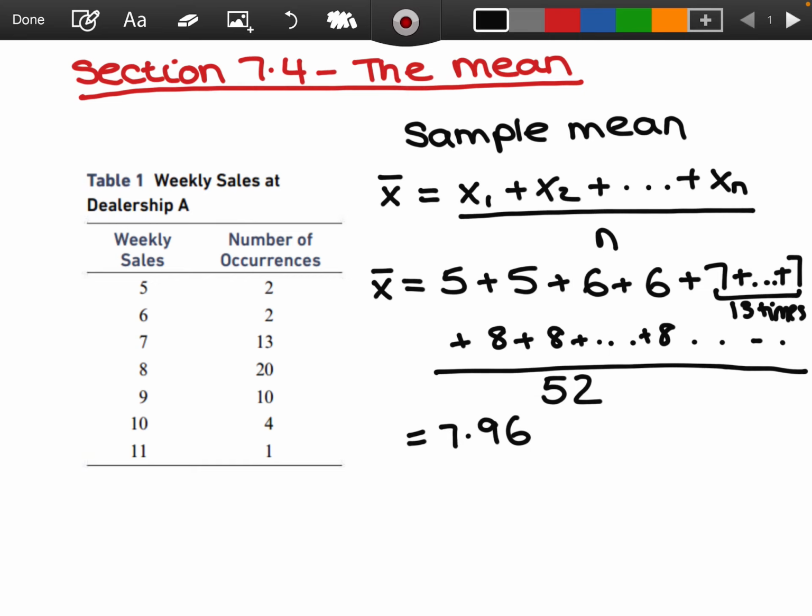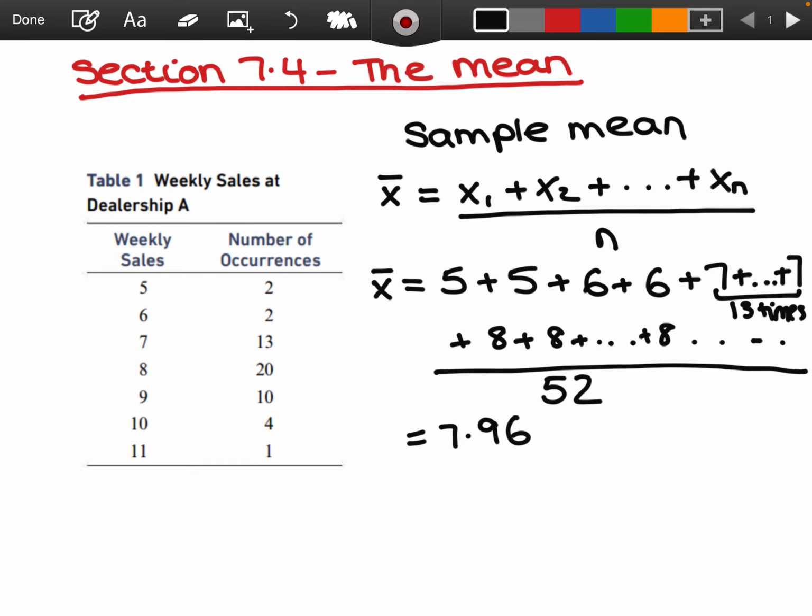So whenever you have a sample, and this particular problem is a sample because we are only looking at a year's worth of data, we only have 52 data points out of a whole bunch of data points for the entire time that this car dealership has been open. Okay, so we have just looked at the weekly sales for that year. We've taken a sample of data, just 1 year's worth of data from this dealership.